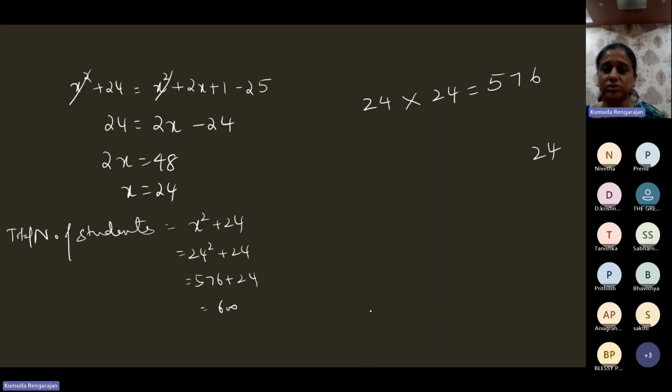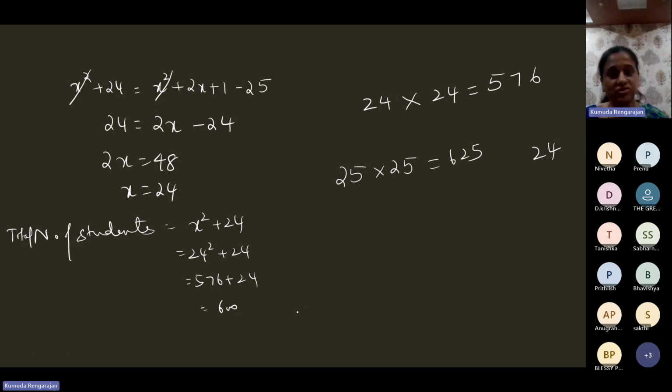So they were left out. Then he increases the size of the square by one student. So he makes a 25 by 25 square, for which he needs 625 students.